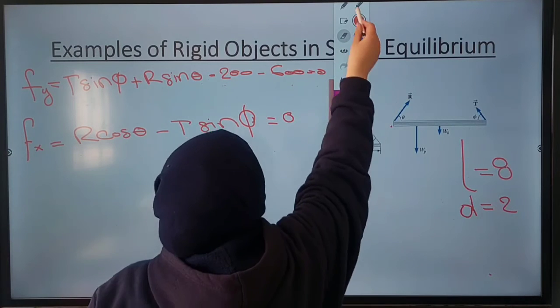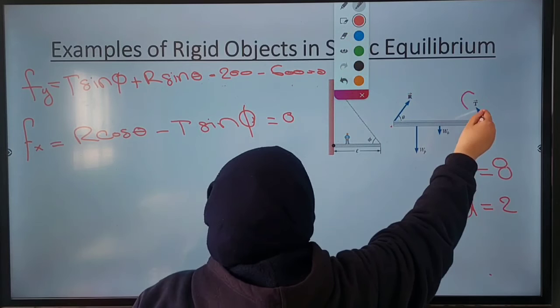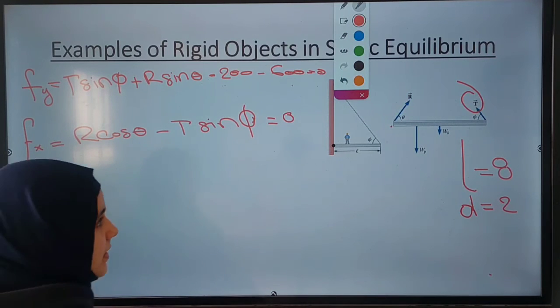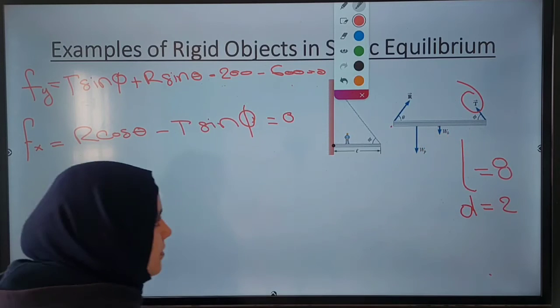So we're going to see. He wants us to determine the magnitude of the T. So we're going to apply here the torque, okay, because that is the center of gravity for the O system.